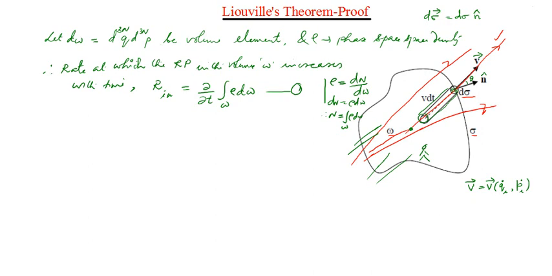Now you know that the number of representative points are flowing in, and also the number of representative points are flowing out. So we are now interested in the net rate at which the representative points flow out of omega. Net means total, through the entire volume.